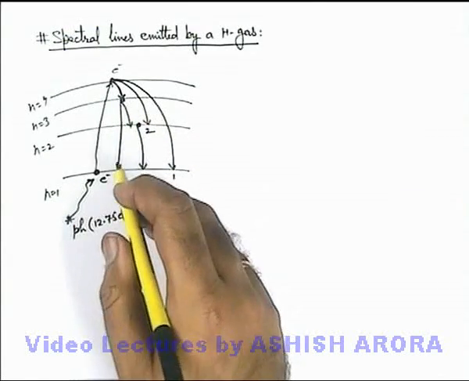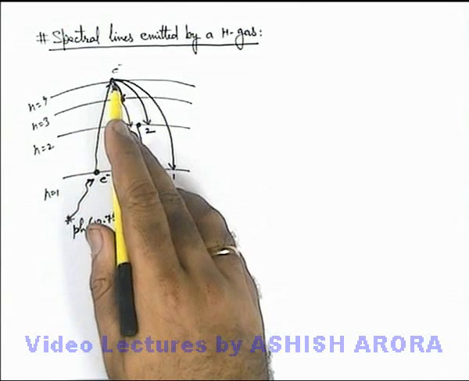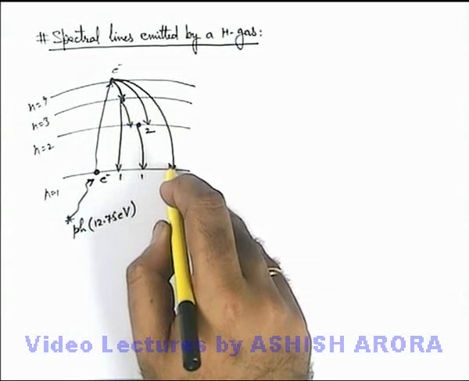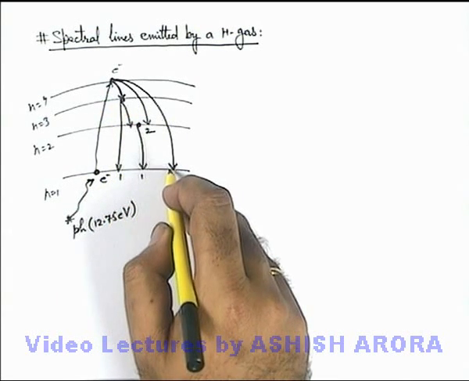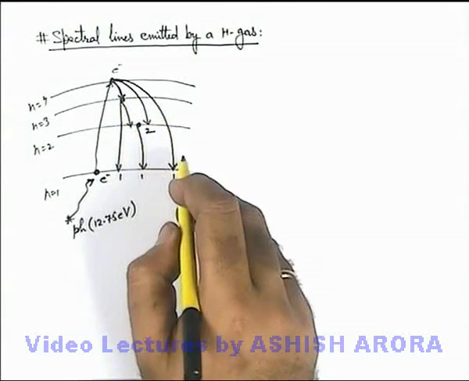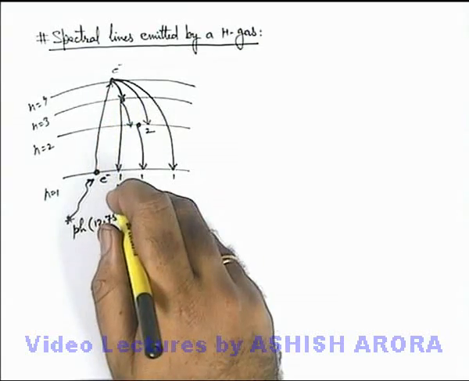So we can state whenever an electron in a hydrogenic gas is excited to the nth energy level, ultimately it will drop back to the ground state because that is the most stable state. So here we can say there are various possibilities of photons emitted when it drops from n equals 4 to n equals 1.